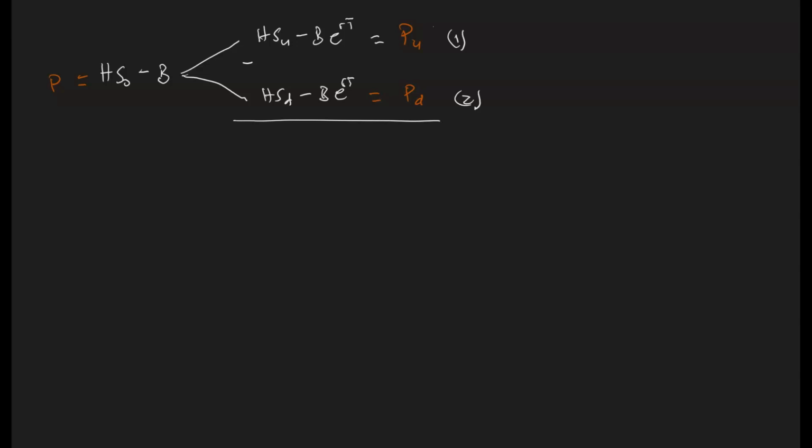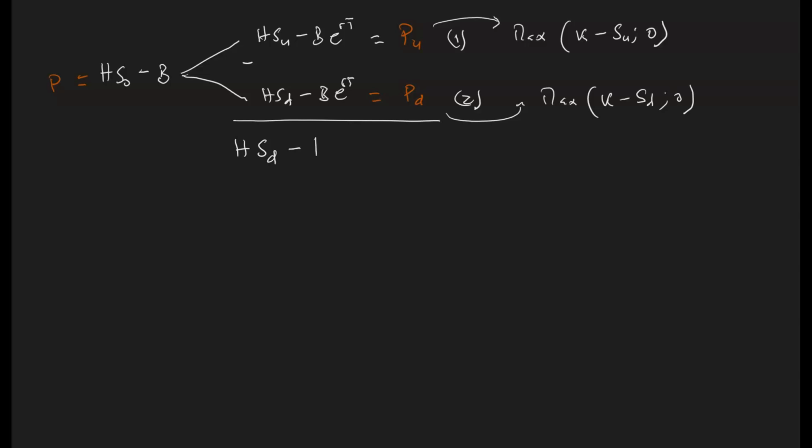The payoff for the put option is going to be the following. If the stock price increases, for the put option, it's going to be the maximum of strike price minus stock up and 0. And here we're going to have the maximum of strike price minus stock down and 0. And let's do 2 minus 1. So 2 minus 1 is essentially going to say H stock down minus H stock up. And then we can have B future value minus B future value.